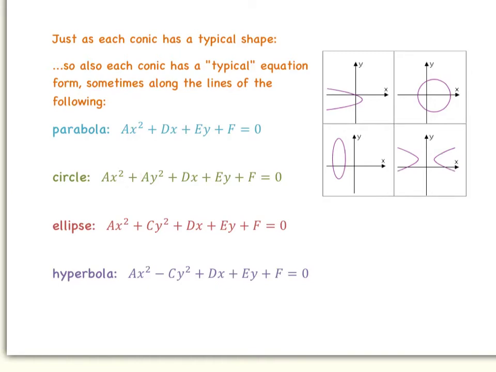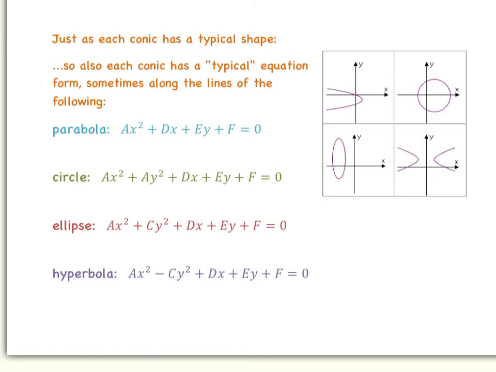The third feature is that the coefficient in each of the squared terms will be the same number, meaning you could have 3x squared plus 3y squared. You could simply have x squared plus y squared. But both coefficients will be the same.